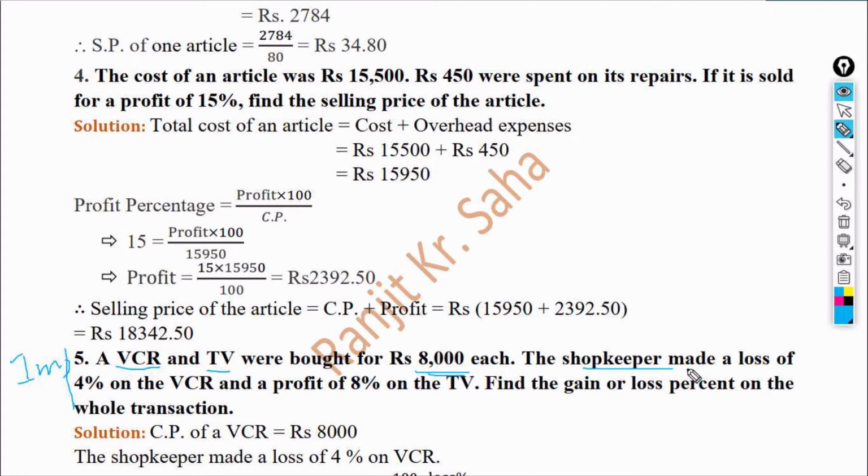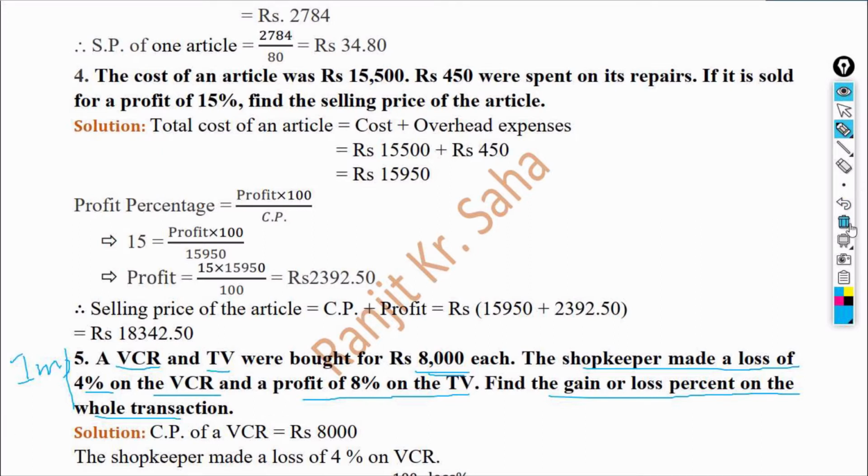The shopkeeper made a loss of 4% on the VCR and a profit of 8% on the TV. Find the gain or loss percent on the whole transaction. Very simple, but it has two parts. After finding the selling price of the VCR as well as the selling price of the TV, you have to add both, and then decide whether there is gain or loss.